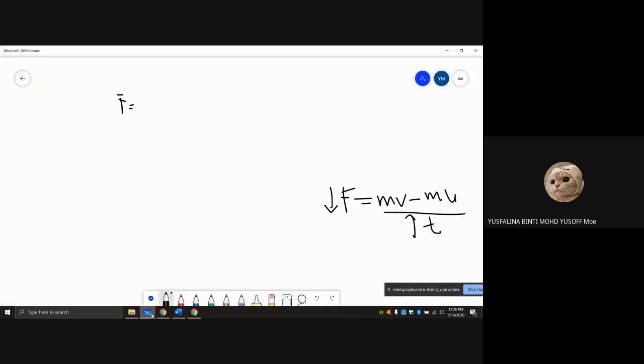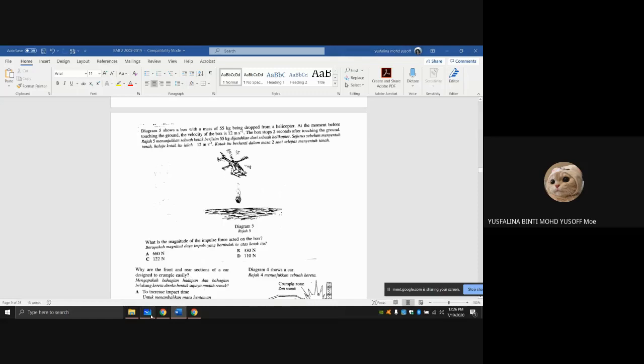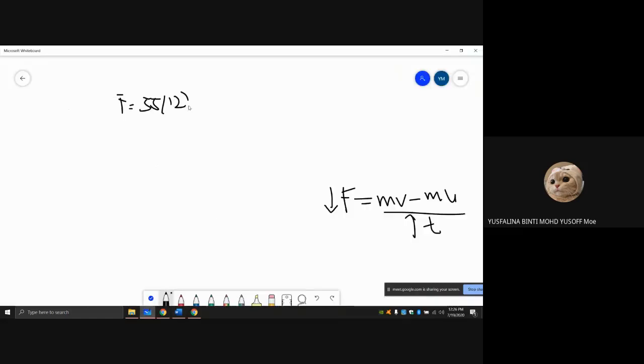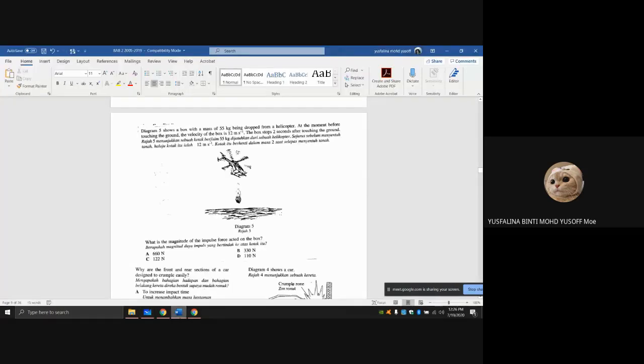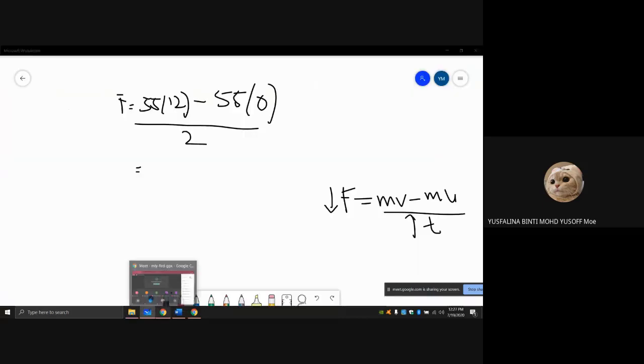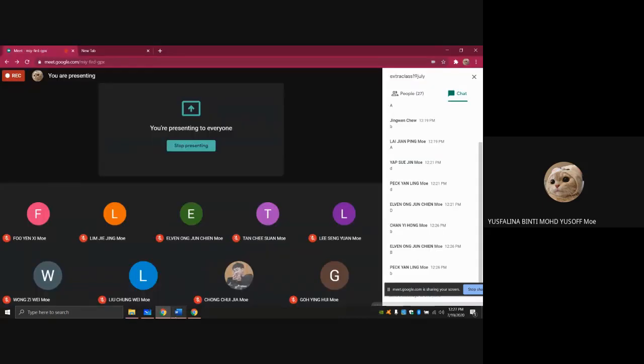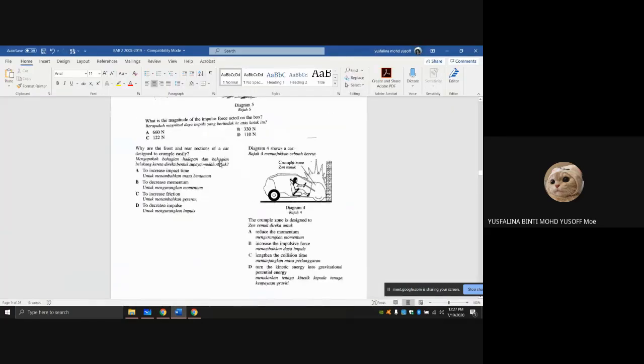So 55 times the velocity, which is 12, minus 55 times 0, and the time is 2 seconds. So you get the answer 330. The answer is B. Correct. So this is the last one.